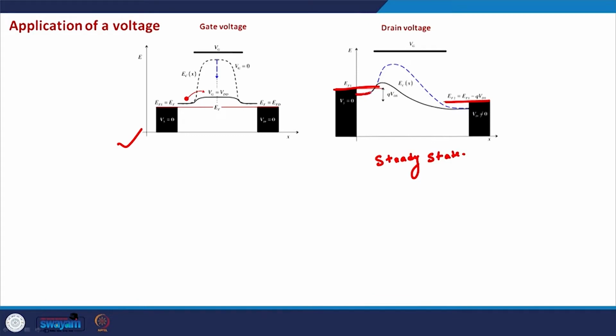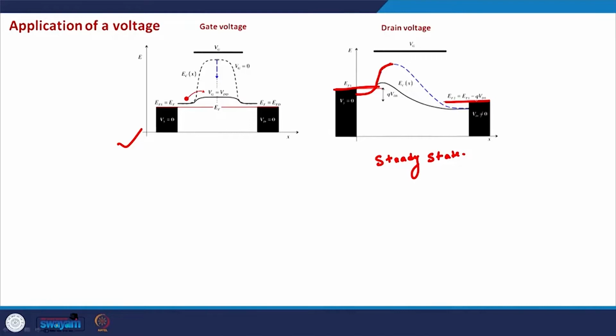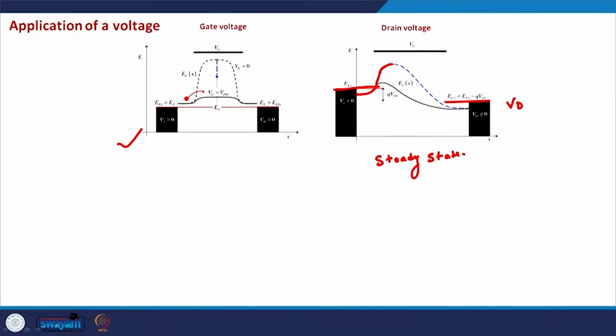The application of a drain voltage does not change the barrier height in an ideal MOSFET, and in conventional MOSFETs it does not actually change the barrier height, because on the source side the voltage is still 0, and on the drain side the voltage is Vd, let us say. On the left side of the channel the voltage is still around 0, so the barrier height does not change.